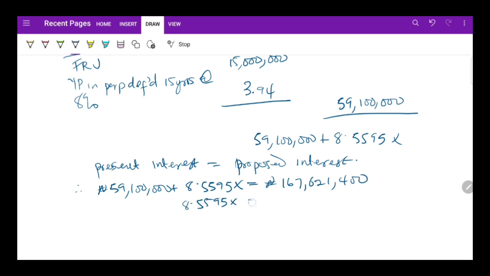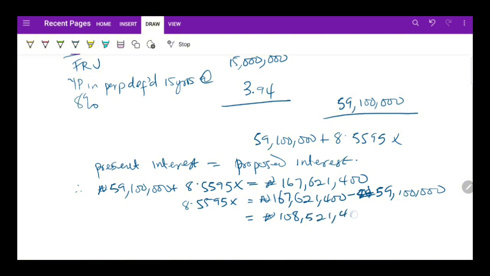So what that means is that 8.5595x is equal to 167,621,400 minus 59,100,000, and that will be equal to 108,521,400.